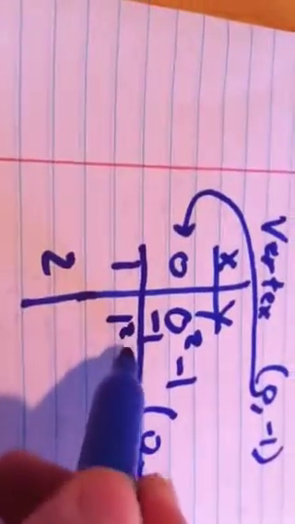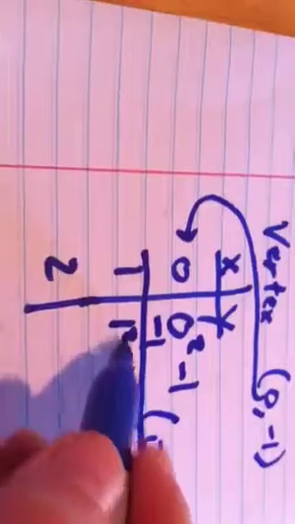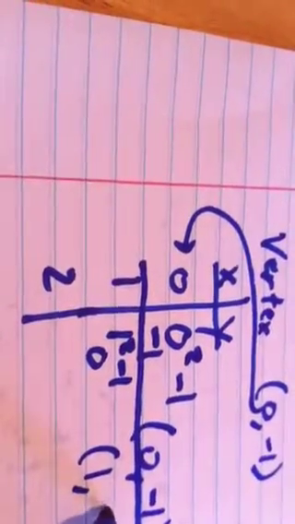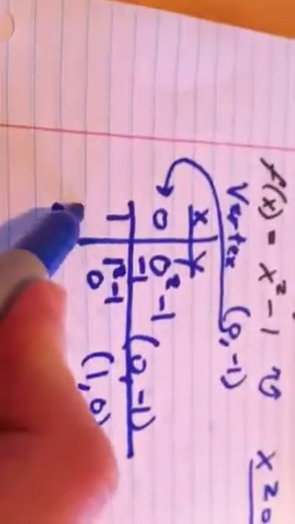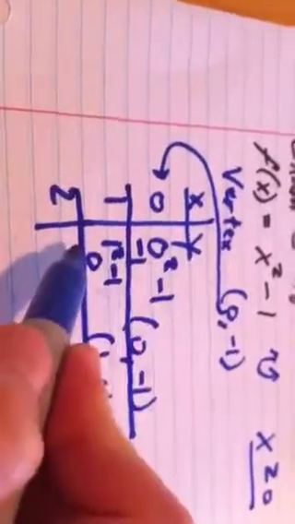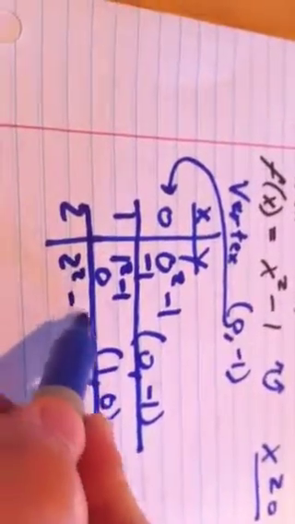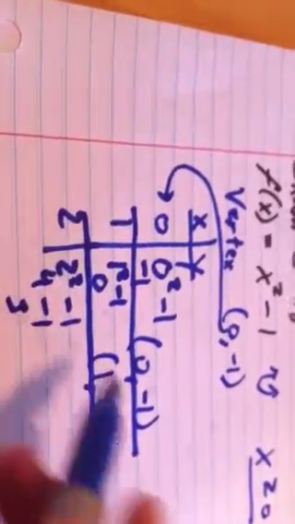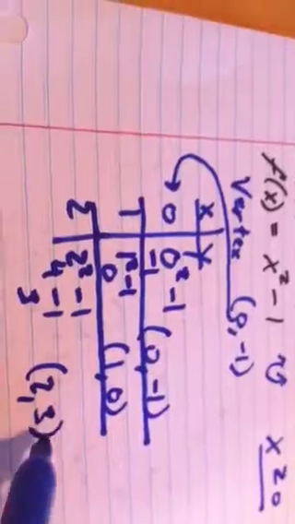If I put in a 1, I'll have 1 squared minus 1, so 1 minus 1 is 0, so I'll have the point 1, 0. If I put in 2, I'll have 2 squared minus 1, so 4 minus 1 is 3, so I'll have the point 2, 3.